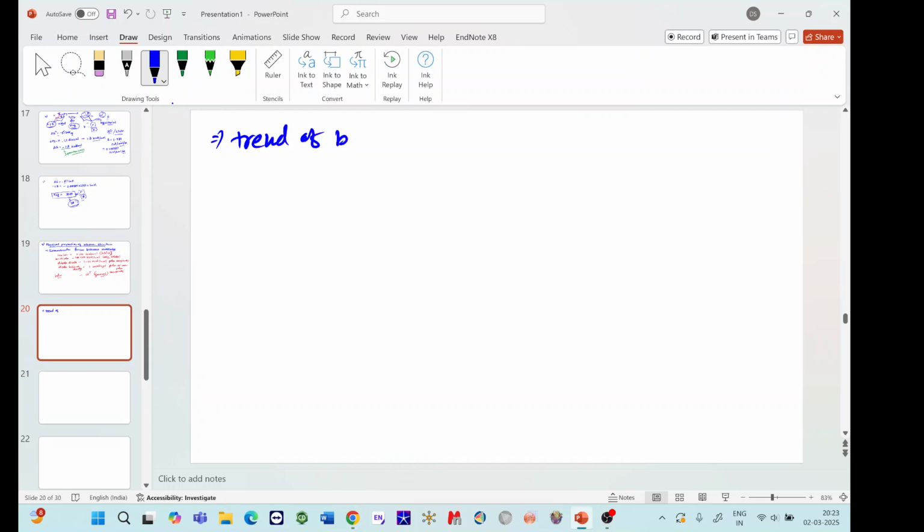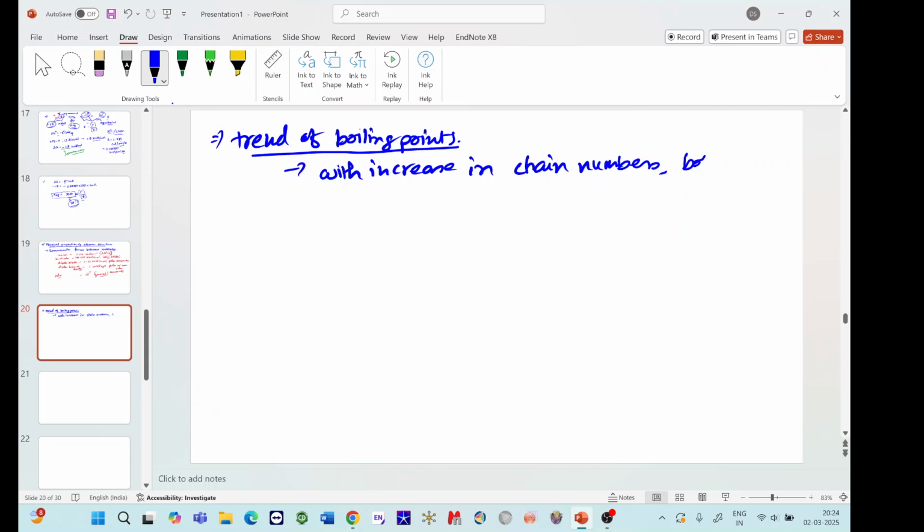Now the trend of boiling point. With an increase in chain number, does boiling point increase or decrease? Boiling point increases, right? Because of the intermolecular forces.